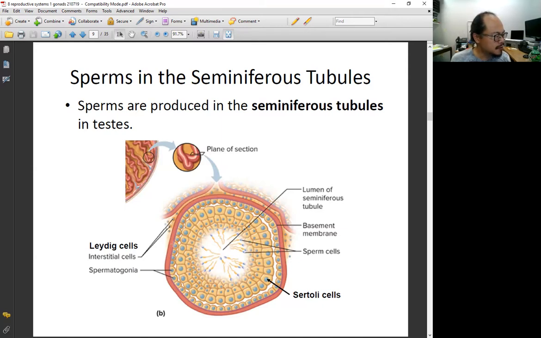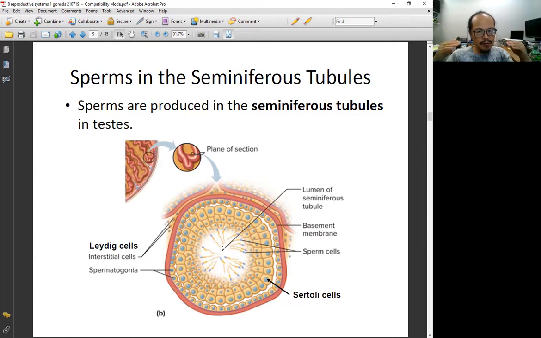These spermatogonia are located at the basement membrane, and they will swim into the center of the tubule.